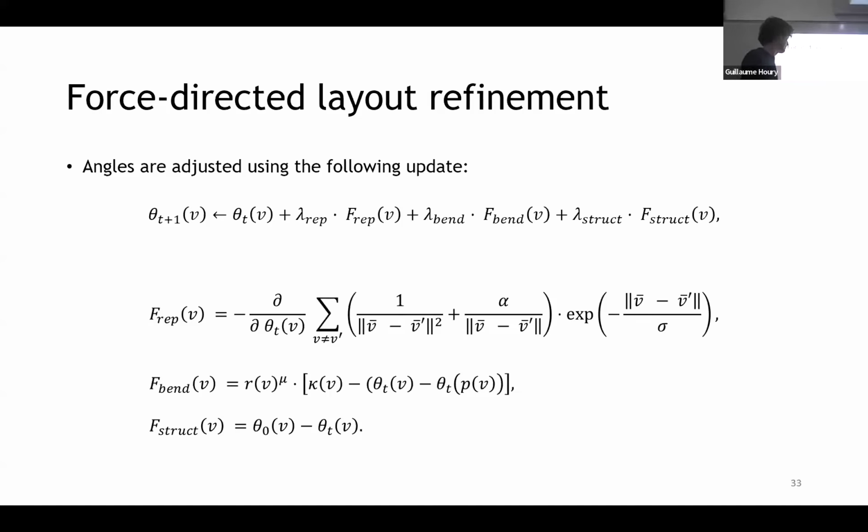The bending constraint just tries to enforce the sign curvature constraint with a coefficient that depends on the local radius of the blood vessels, to prioritize the larger vessels. And the last term tends to push the current embedding towards the original one that we computed before, to make things a bit more convex and stable, so that it really converges to something.